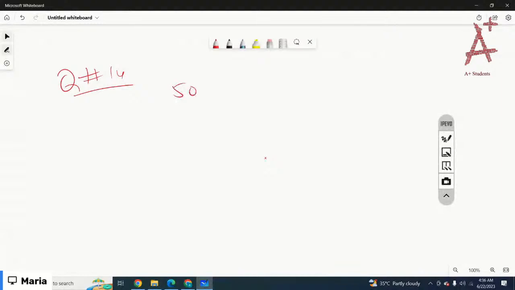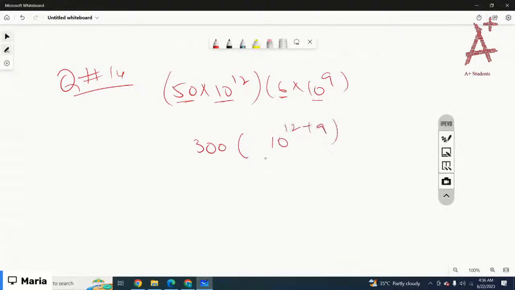You have to do 50 times 10 exponent 12 and 6 times 10 exponent 9. So just multiply 6 times 50, that means 6 times 5 is 30, so it is 300. And they have the same base, just add their exponents. Got it? So you can write 300 times 10 exponent 21.